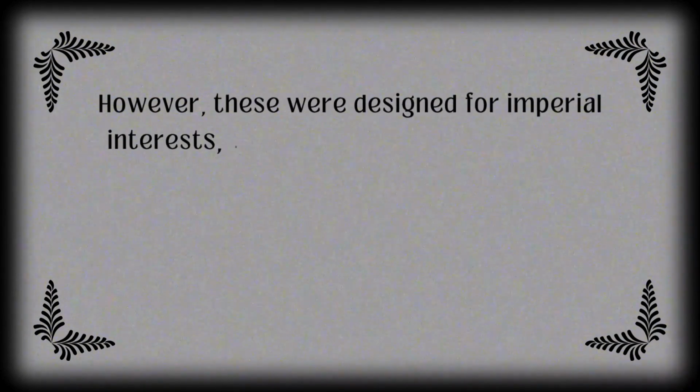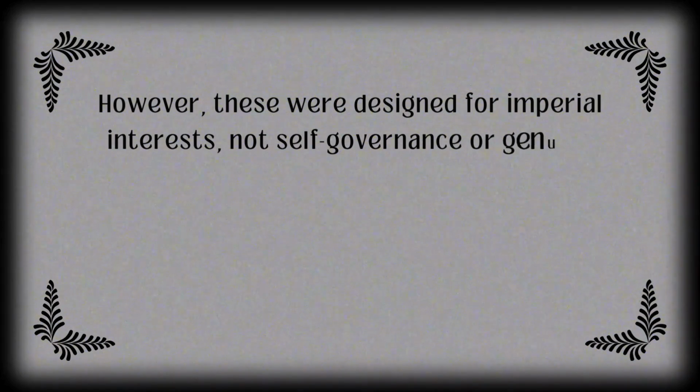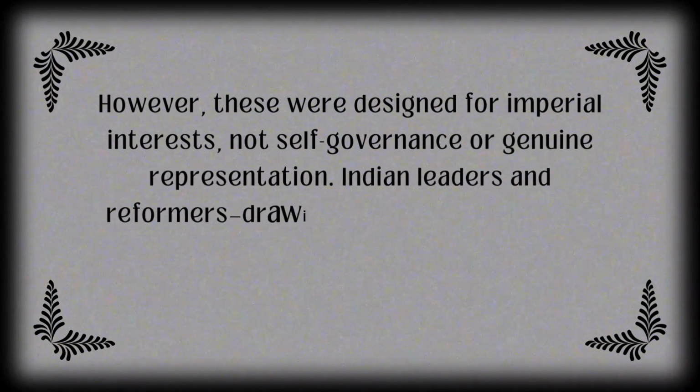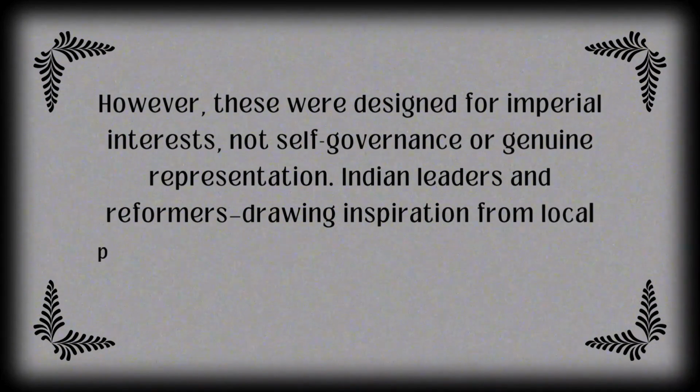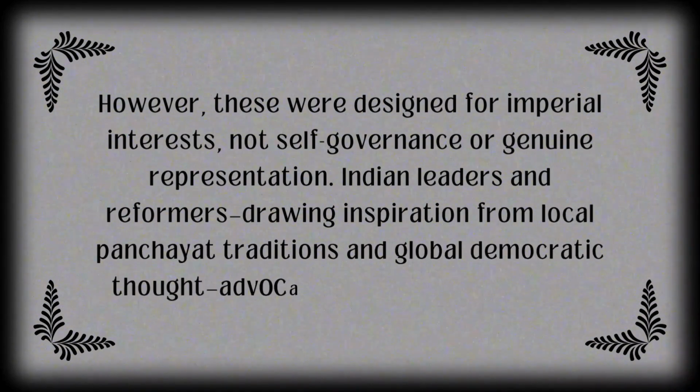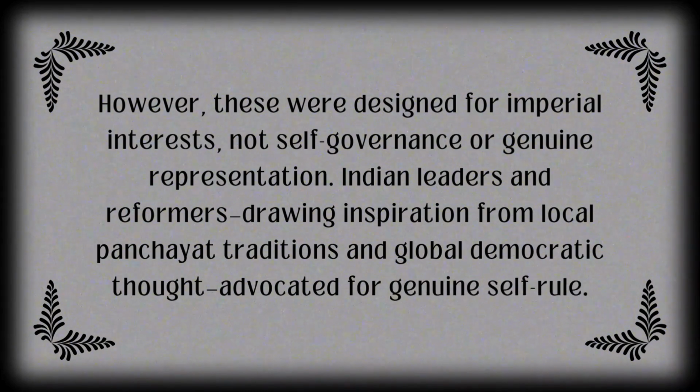However, these were designed for imperial interests, not self-governance or genuine representation. Indian leaders and reformers, drawing inspiration from local Panchayat traditions and global democratic thought, advocated for genuine self-rule.